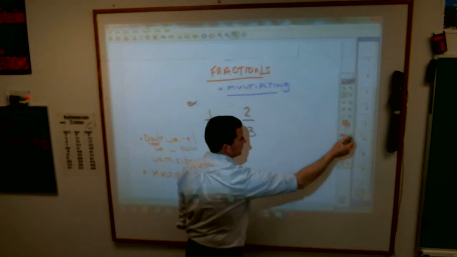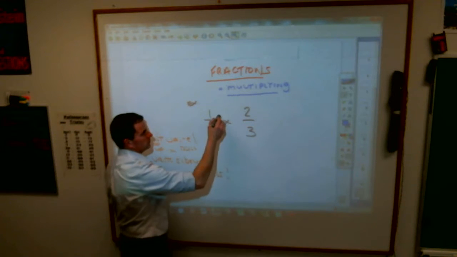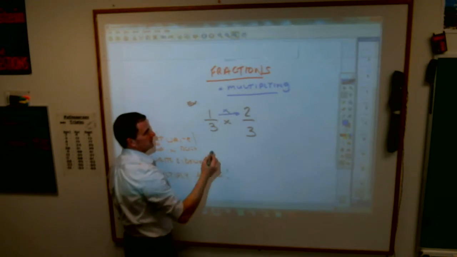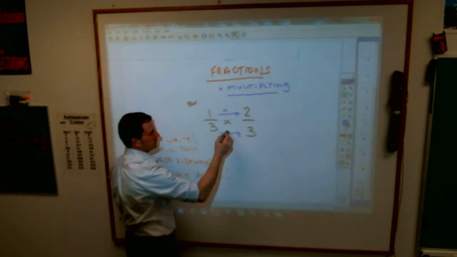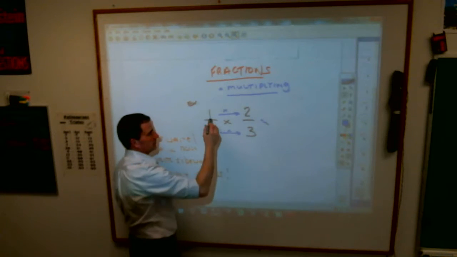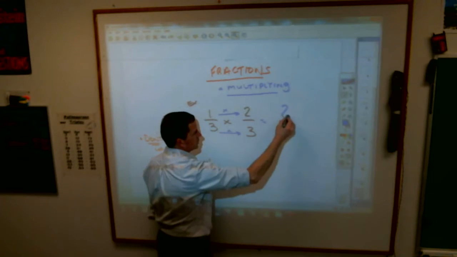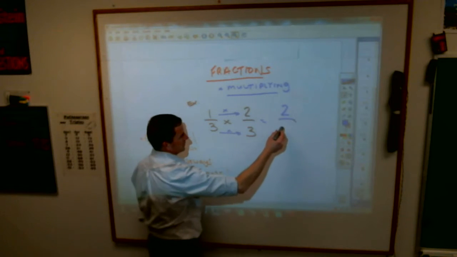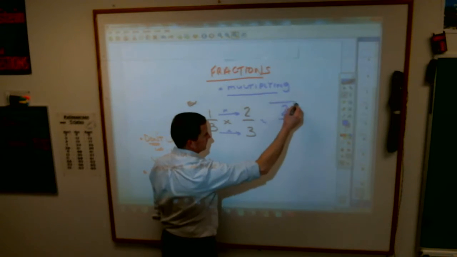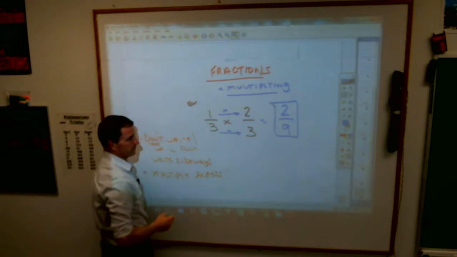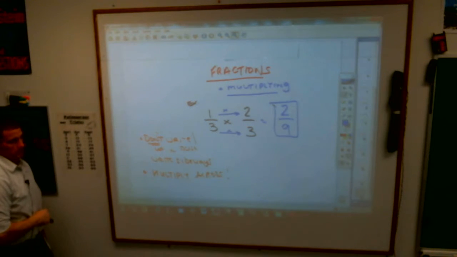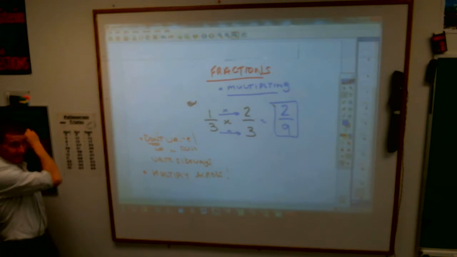In other words, you are just going to multiply the two top numbers together, and you'll multiply the two bottom numbers together. 1 times 2 is 2, and 3 times 3 is 9. Which makes sense, I guess.